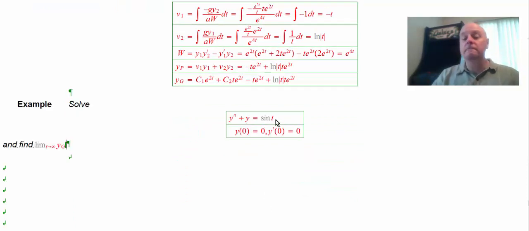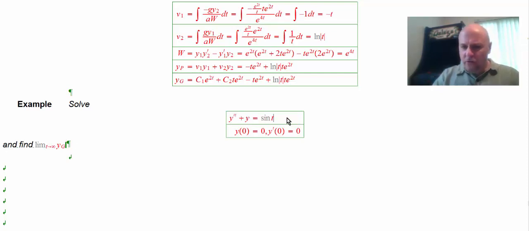So now look at this. If it wasn't the variation of parameters video, I would actually do this with unknown coefficients as well. The good guess would be a sine t plus b cos t for your unknown coefficients particular solution. But let's do it with the variation of parameters.